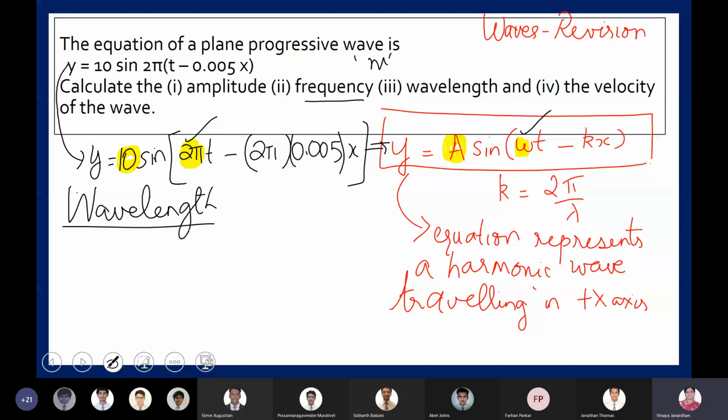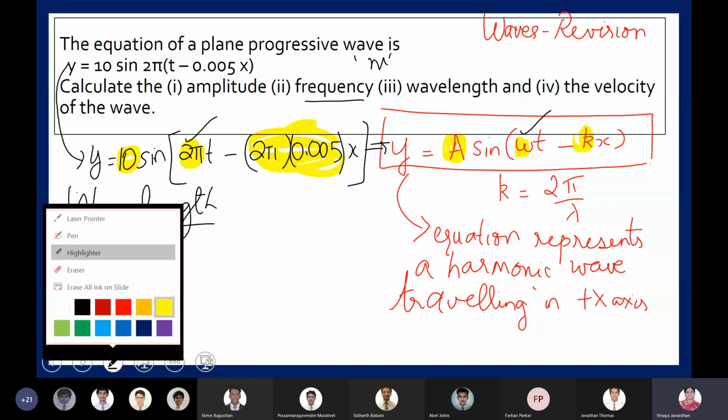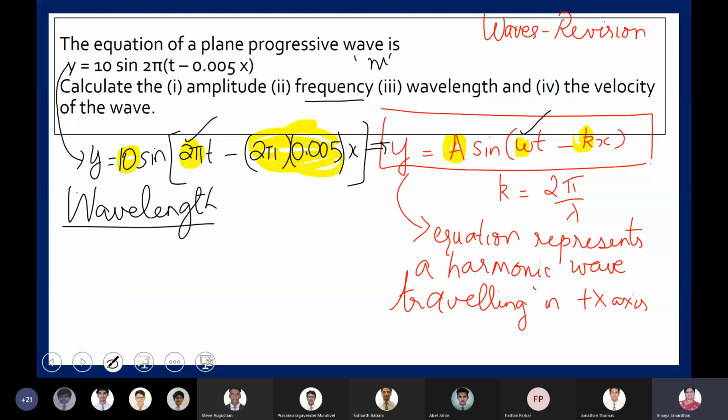Now look at these two expressions. What is the value of k now? Ma'am, it's 2 pi into 0.005.